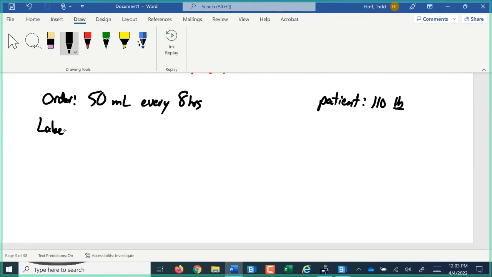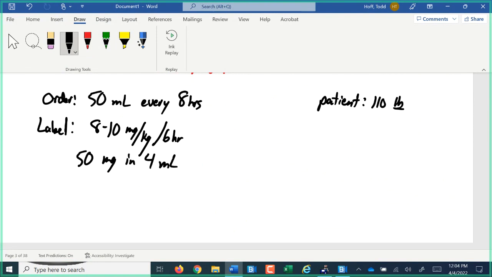Look at the supply, and the label on our supply says recommended 8 to 10 milligrams per kilogram, every 6 hours, and it is concentrated at 15 milligrams in 4 milliliters. So I'm going to give you about a minute and a half. Try this one in your notes. See if the doctor's order falls in the safe range for that medication.